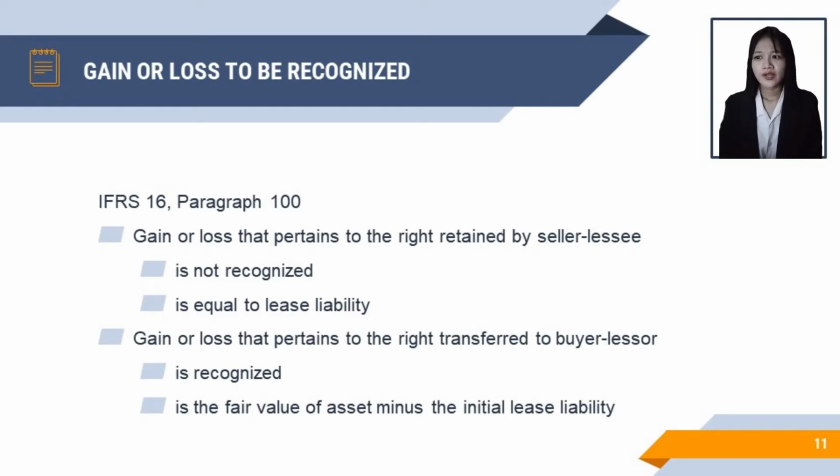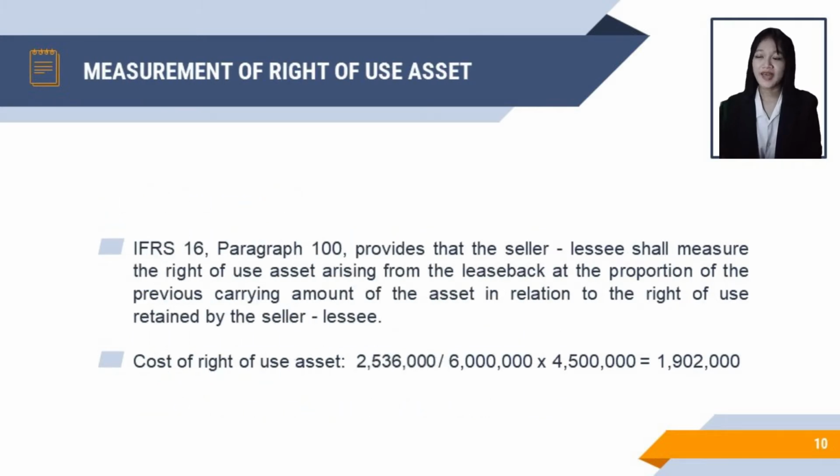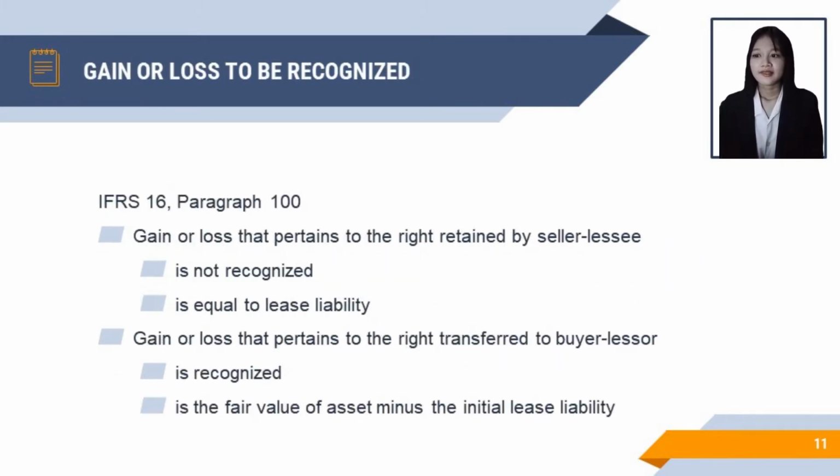Like a while ago, our right retained by the seller-lessee is also the lease liability of 2,536,000. Next is the gain or loss that pertains to the right transferred to the buyer-lessor, which is recognized and is the fair value of the asset minus the initial lease liability. So that is always the computation: fair value less the lease liability.